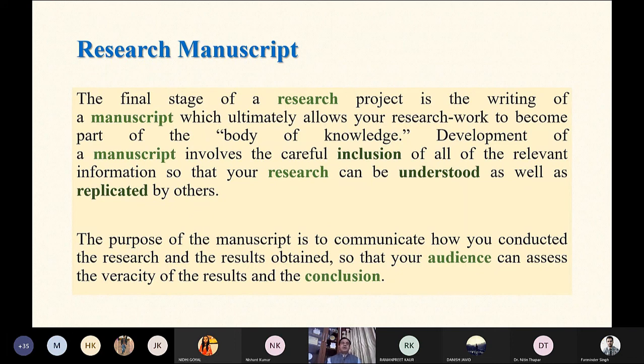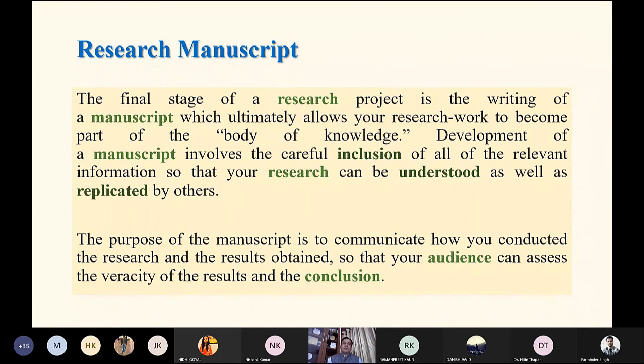Normally we all would love our paper to be cited by a number of other scholars, and that is only possible if we are able to get our paper published in a quality research journal.